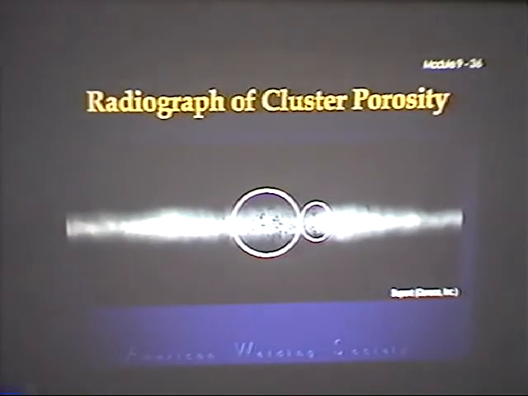And then you might end up with something like this, cluster porosity. Well, that's concentrated in too small an area, so that would not be allowed. So you want to stagger your starts and stops, stretch them out, and that same amount of porosity could be accepted if it was scattered over the entire length of the weld. But since it's concentrated right there, it would not be accepted.